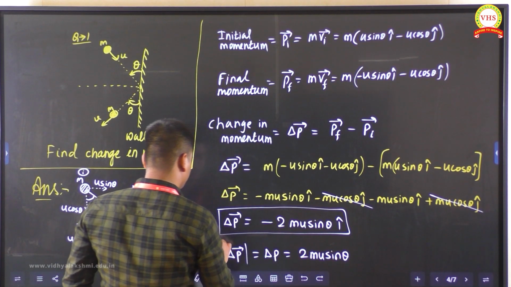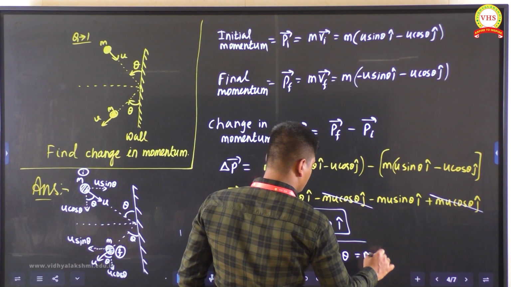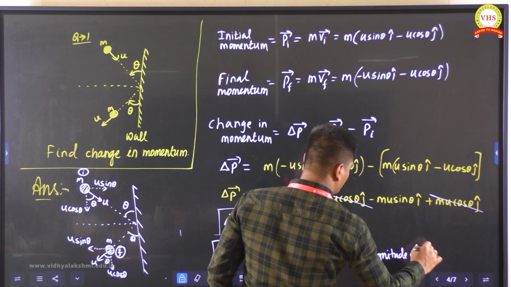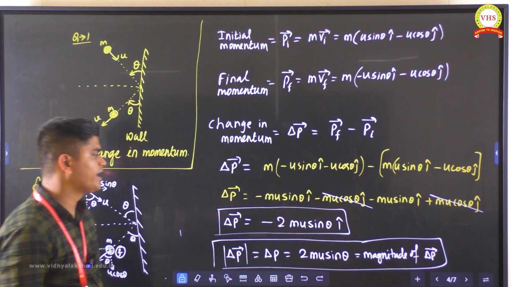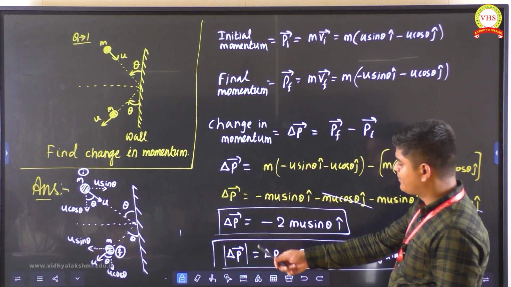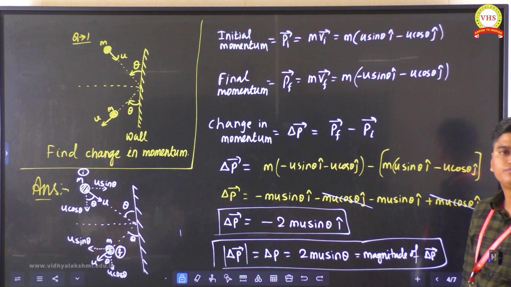This is the magnitude of change in momentum. Okay. So this is vector wise, this is magnitude wise. Delta p vector mod is 2 m u sin theta. It is coming here.